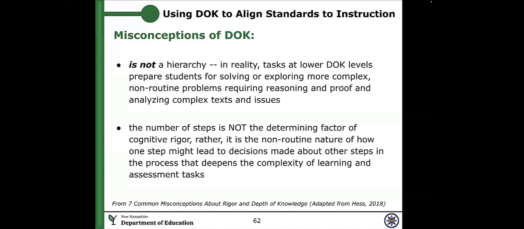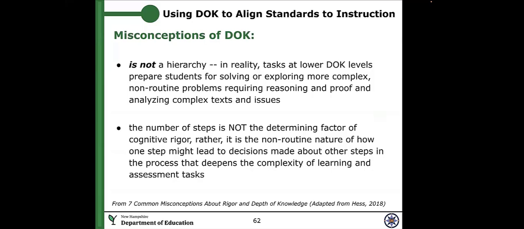And so we don't want to do all depth of knowledge 1 or all depth of knowledge 2 or any of the depths of knowledge. It's not all depth of knowledge 3 because students may not have the 1 and 2. So we want to be able to vary that and make sure that students have all of those levels of understanding to be able to put it all together, to be able to apply the skills.